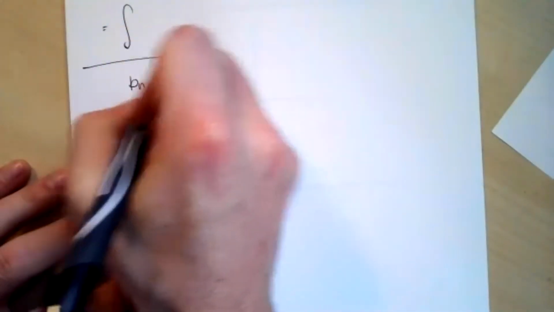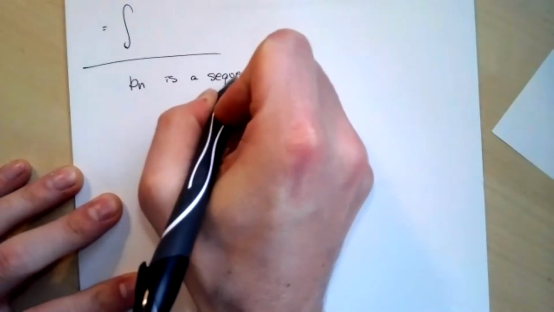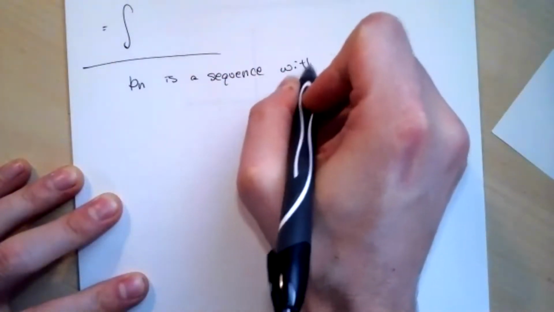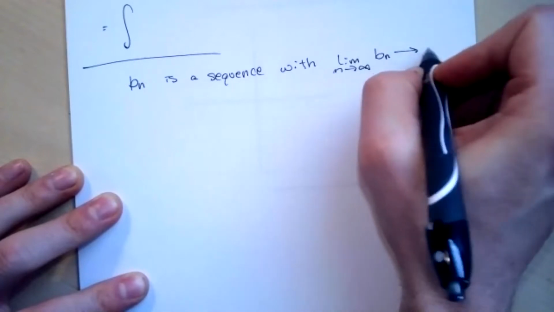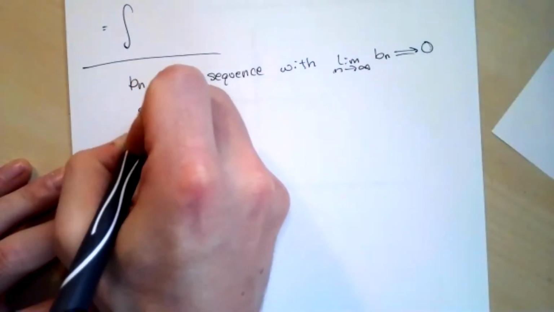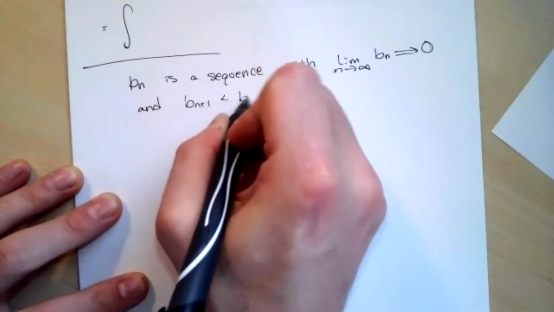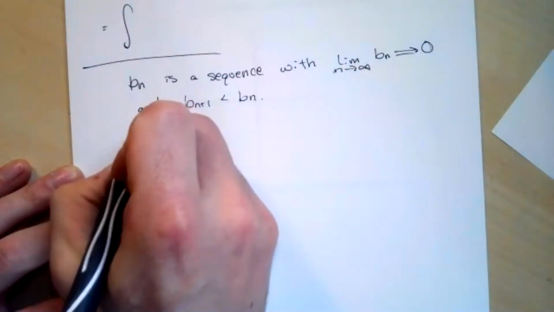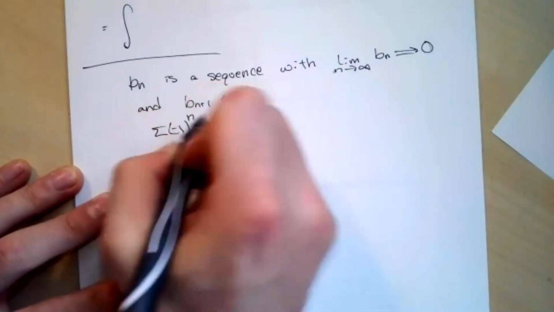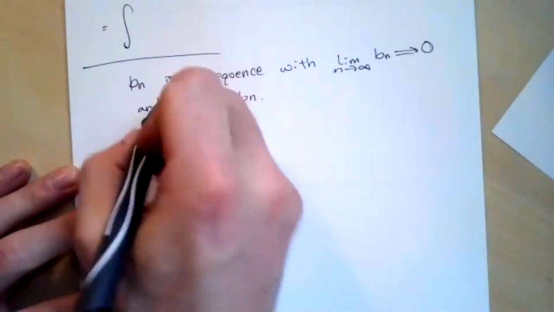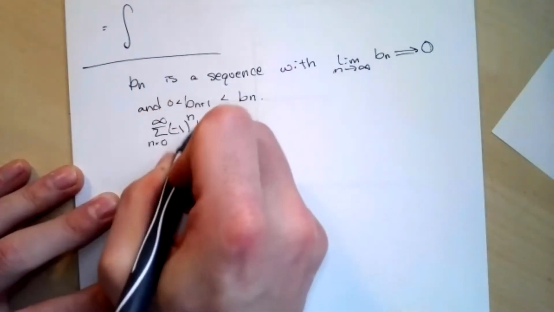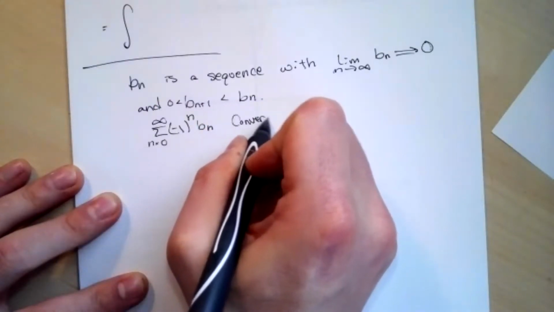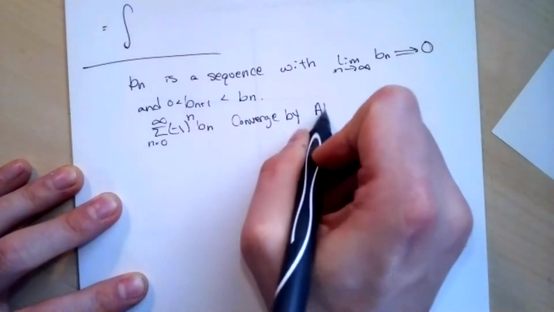But for example, if you just have a generic problem where Bn is a sequence with the limit going to 0, and it's decreasing, then we know that if we make it alternating, say Bn is a sequence that is decreasing and also bigger than 0, we know that this will converge by the alternating series test.